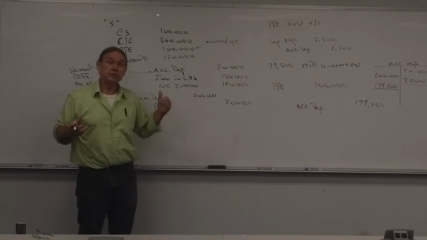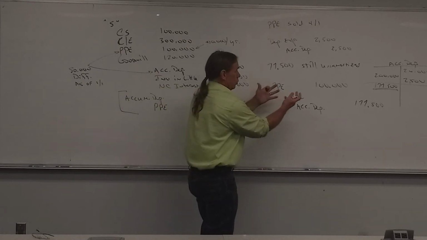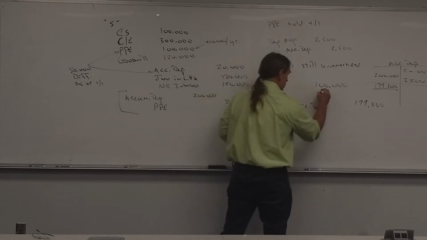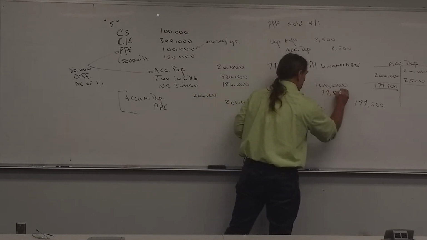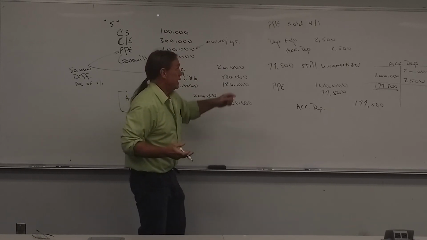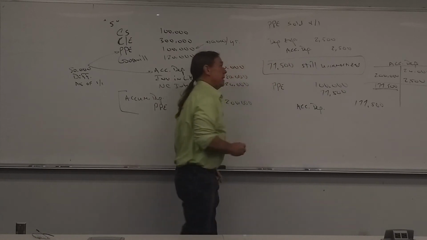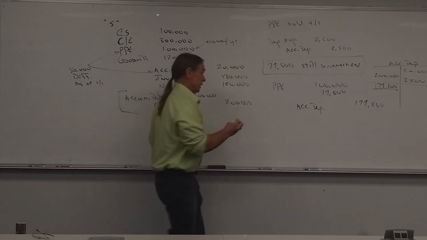That shouldn't be there because the asset no longer exists, so we have to take that away with a credit. And what does it take to make this balance? Lo and behold, we need a $77,500 debit, and that's the write-off of that remaining unamortized differential.